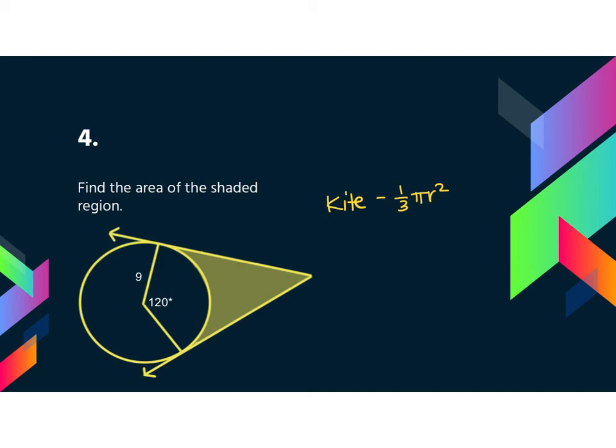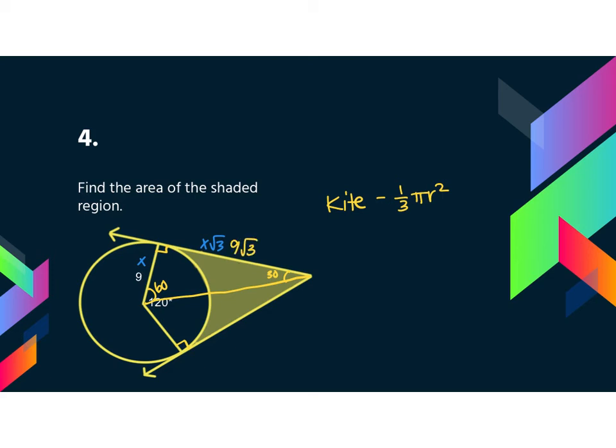For our kite, to find the area, we're going to use that same idea that we have two right triangles that we're working with, and it is still a 30, 60, 90. Again, our relationships going across from the 30 is x, across from the 60 is x square root of 3. So in this case, we know our x, which is 9. So the long leg is 9 square roots of 3.